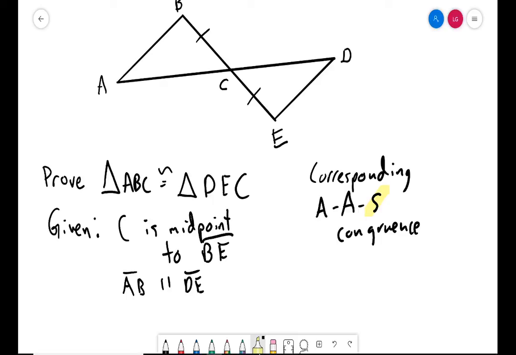If we have two sides that are congruent to each other, corresponding and congruent, then we might start thinking about what that side's relationship will be to other aspects of the triangle that we might know. So maybe we can prove all three of the sides are congruent pairs. Maybe we can prove a couple of the angles are congruent. We're going to start with this one.